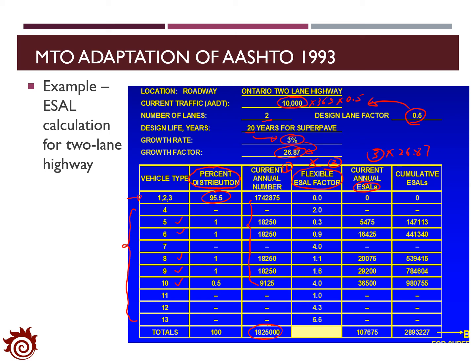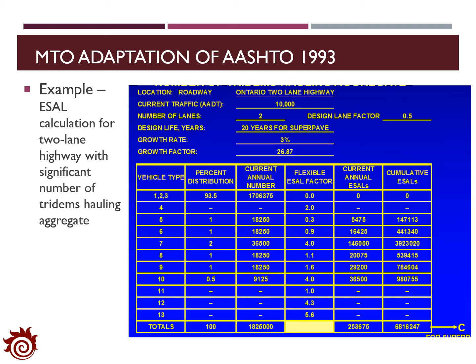So we can find out the cumulative ESAL for each vehicle type, and then we sum all the vehicle classes, and we can find out the total cumulative ESALs for this pavement design.